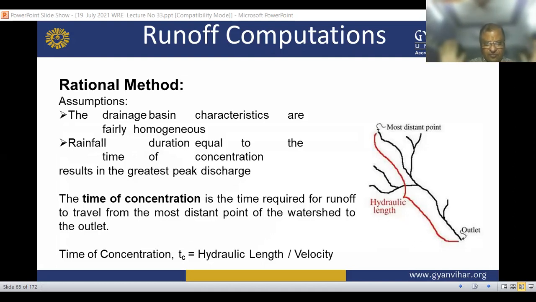The time of concentration is the time required for runoff to travel from the most distant point of the watershed to the outlet.